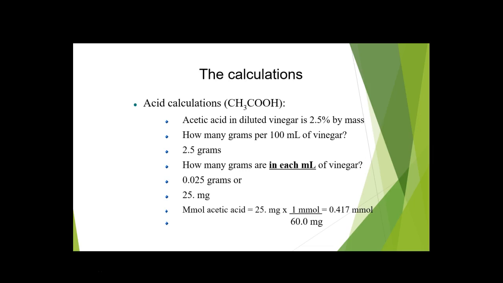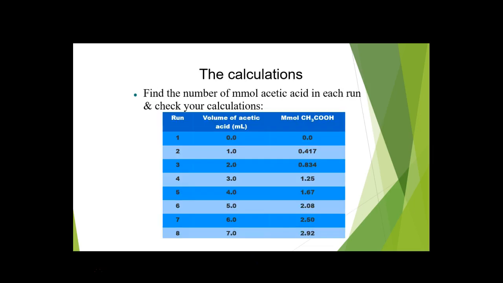That means the millimoles of acetic acid in each milliliter would be 25 milligrams times 1 millimole over 60 milligrams, the molar mass of CH3COOH. When you multiply those together, you get 0.417 millimoles in each milliliter of the vinegar.